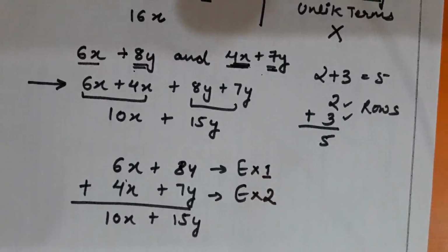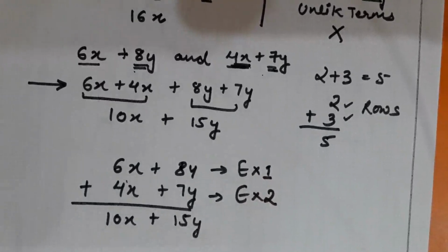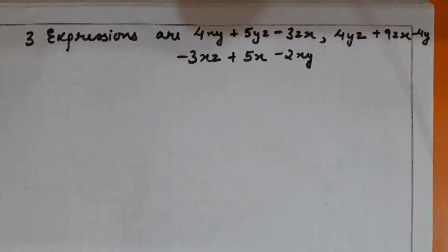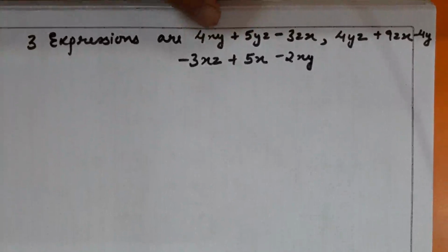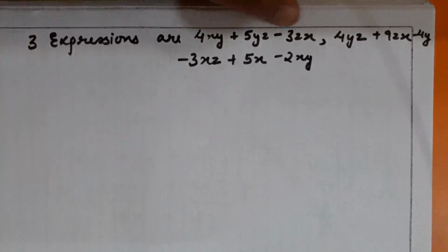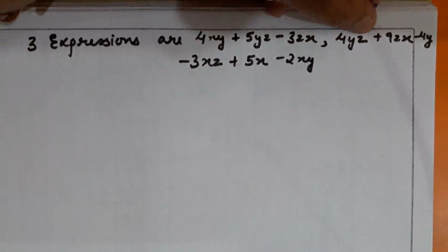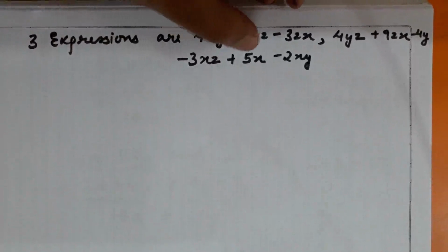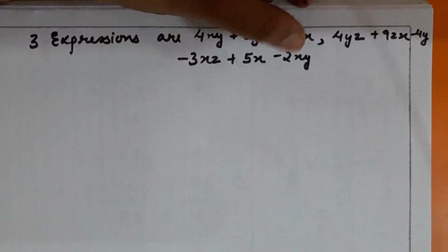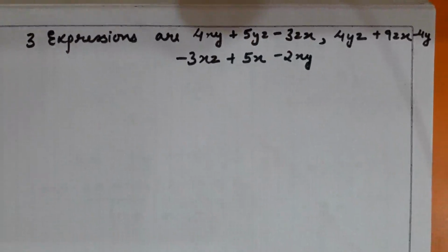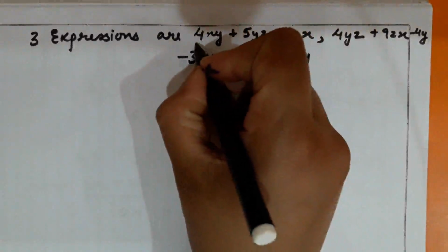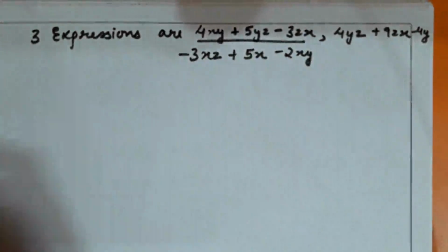Okay, let's take an example of three expressions, how we can add them. So we have three expressions: 4xy plus 5yz minus 3zx, 4yz plus 9zx minus 4y, and minus 3xz plus 5x plus 2xy. So we have to add these three expressions with the help of the rows method. So first of all, write this expression.